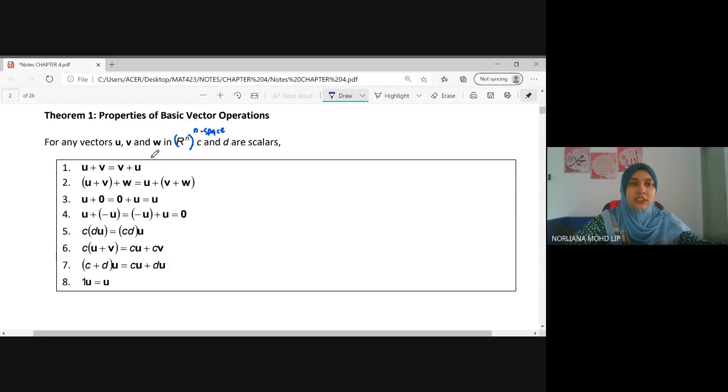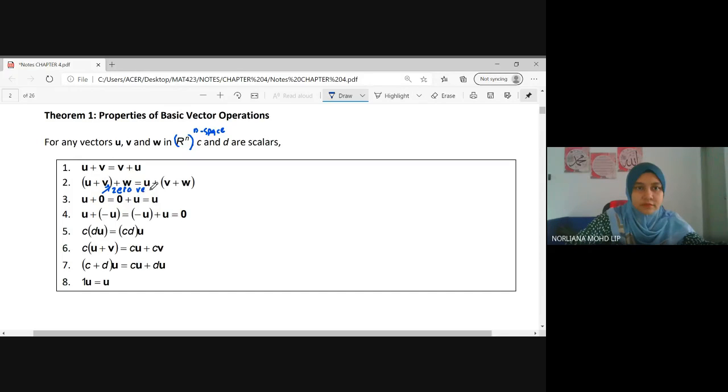This one is addition. Number 2, (u plus v) plus w equals u plus (v plus w). Number 3 consists of the zero vector.